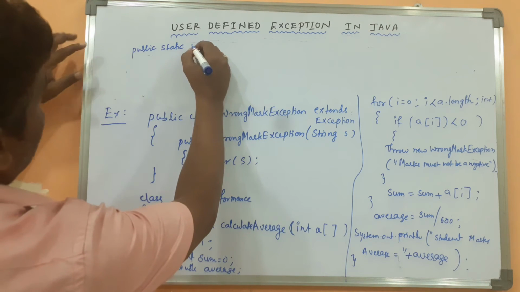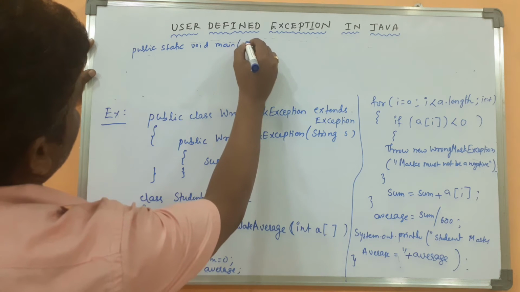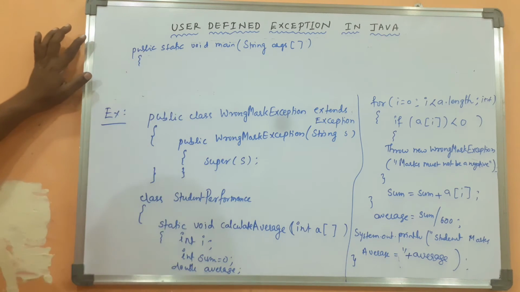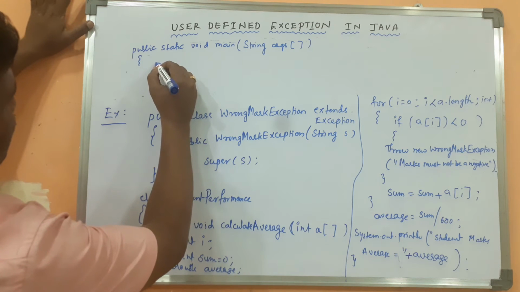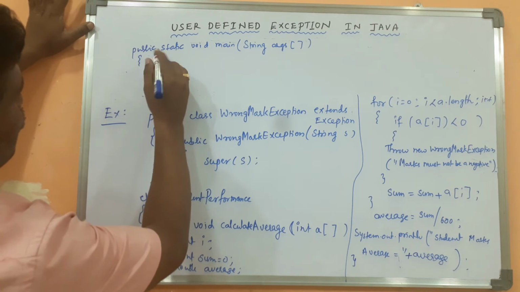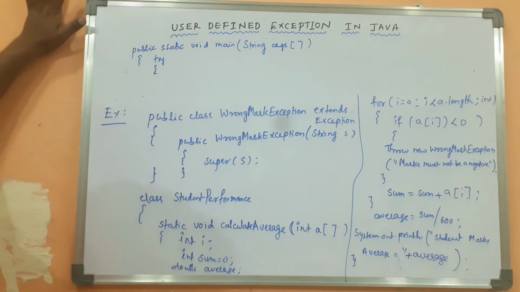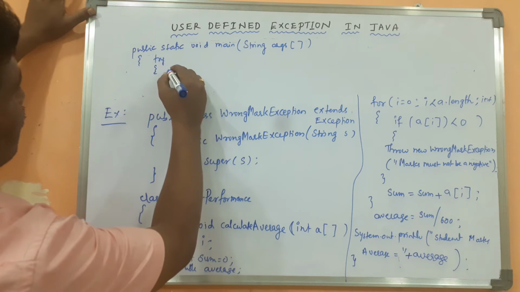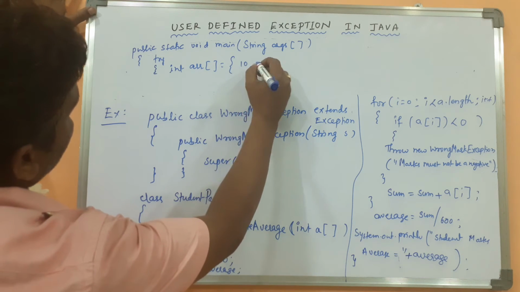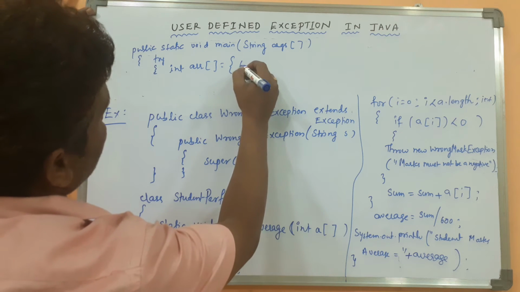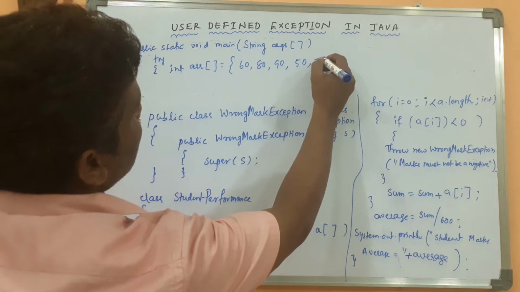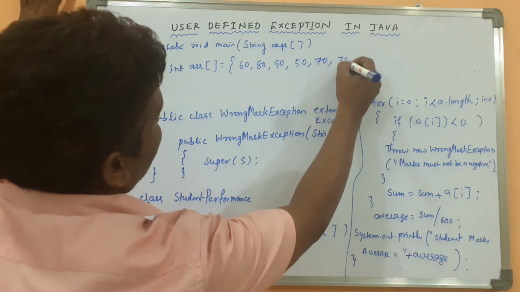public static void main String args. Because here I am using the try, int array of 60, 80, 90, then 50, 70, 75.